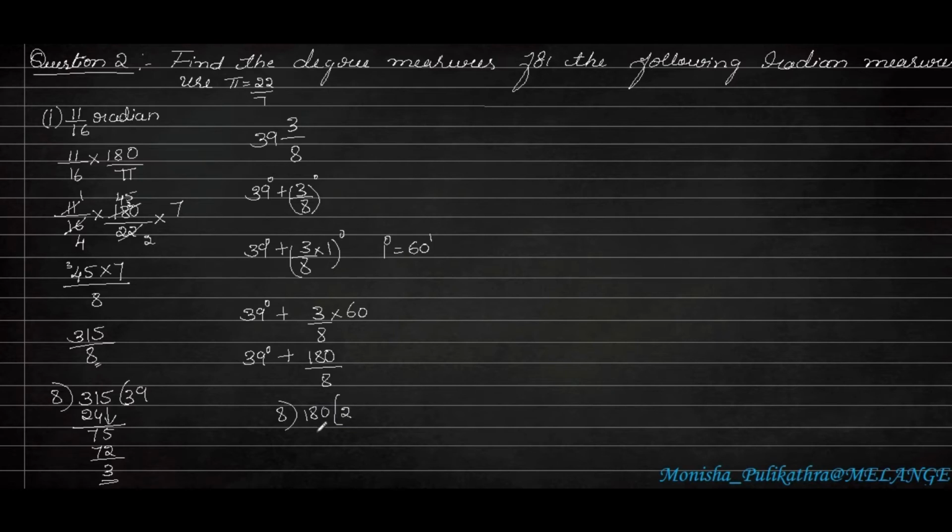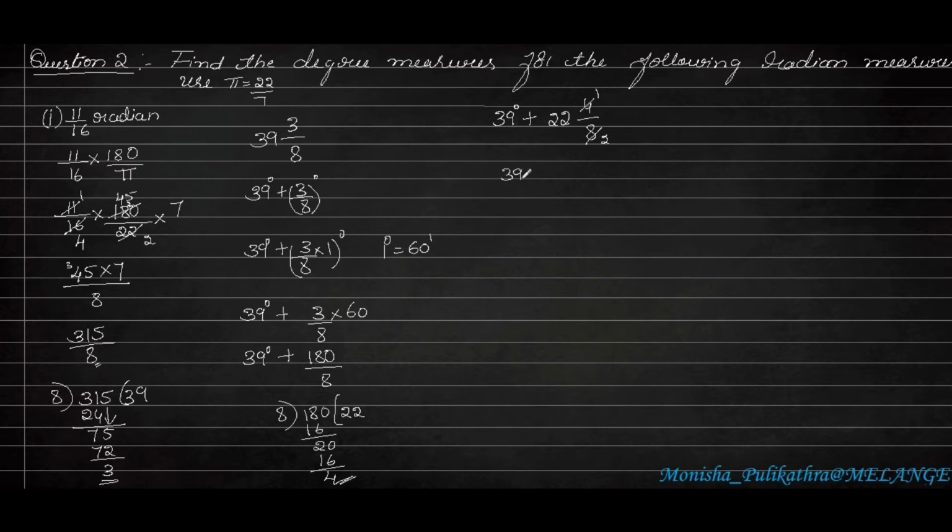So here 8 2s are 16. 2 will be remaining. Again 8 2s are 16. So 4 is the remainder. So we write 39 degree plus 180 by 8. 8 is already there. So we write 22 4 by 8. Here 4 1s are 4, 4 2s are 8.